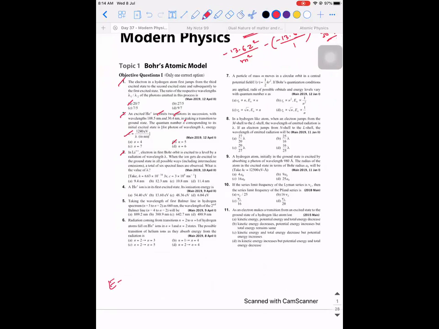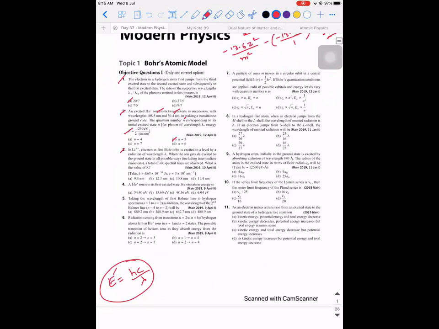Okay. So what is the energy it is going to possess in the orbit which it has reached? So this energy you're trying to talk about is the difference in energy.